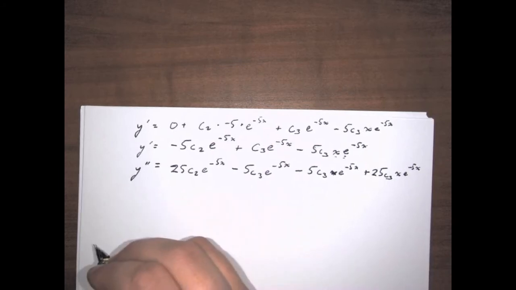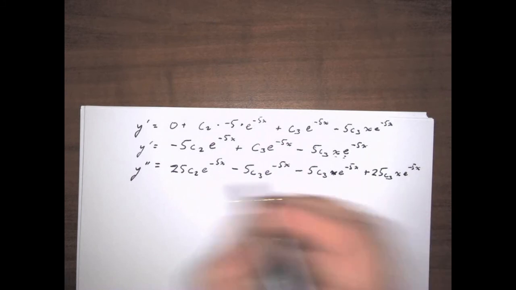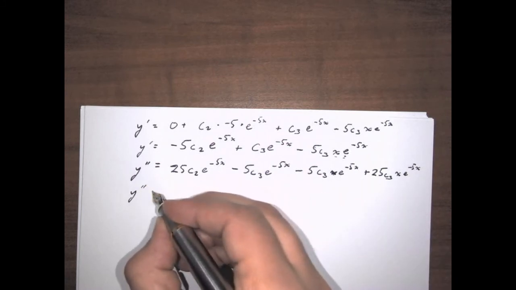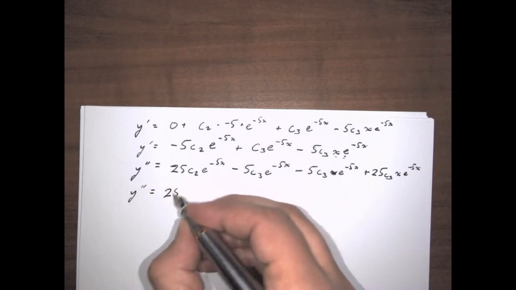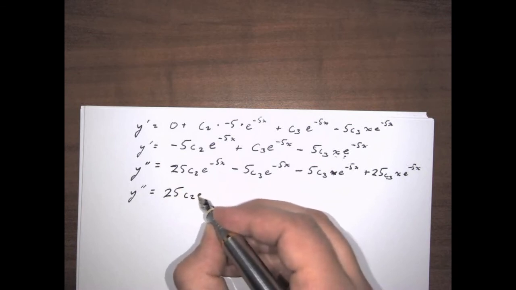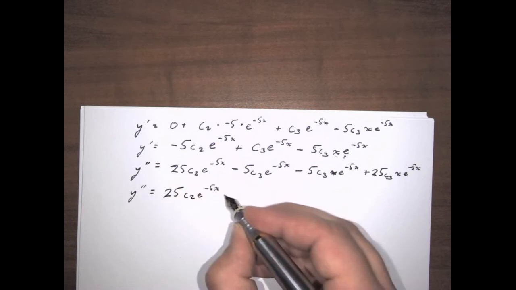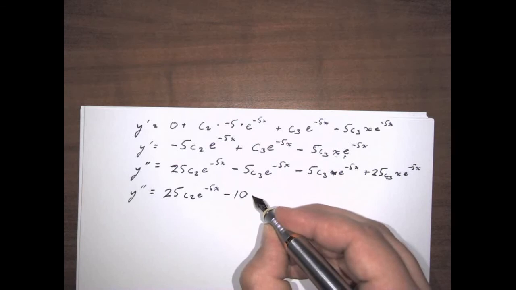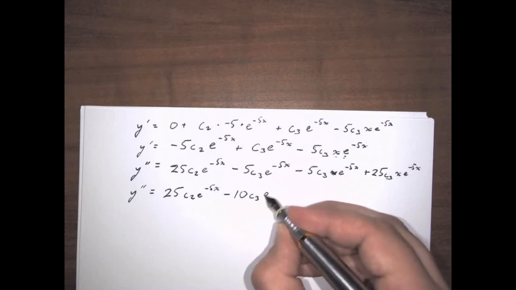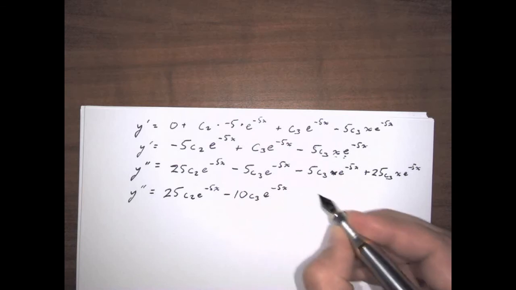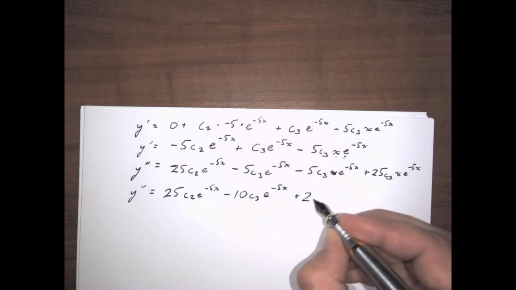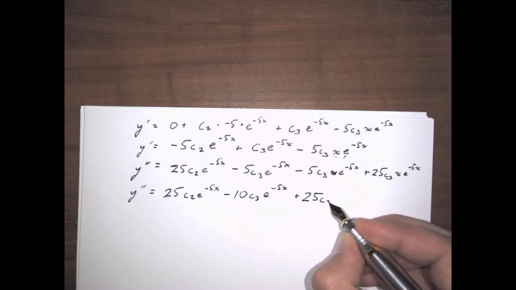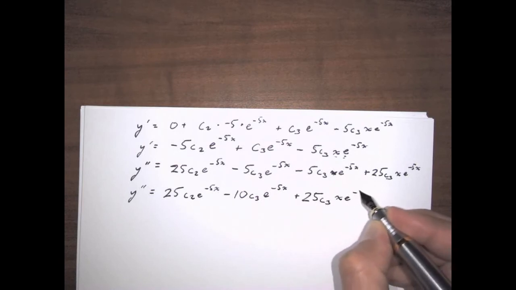Alright, and then any cleaning up here we need to do. Looks like we have two very like terms right there, so we might as well put those together. 25 c2 e to the negative 5x minus 10 c3 e to the negative 5x plus 25 c3 x e to the negative 5x.